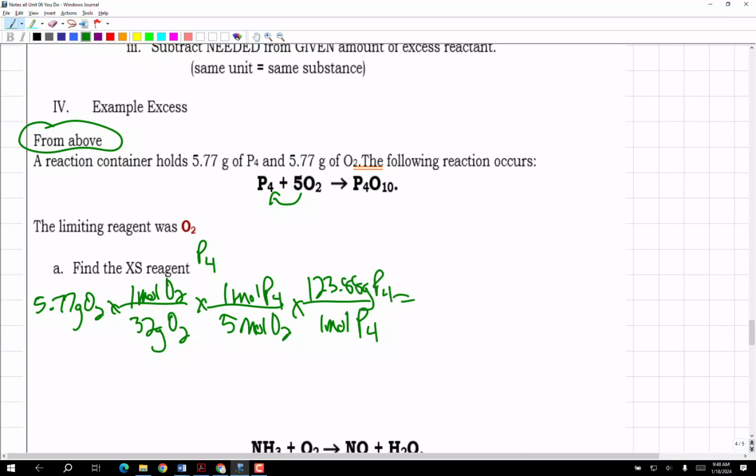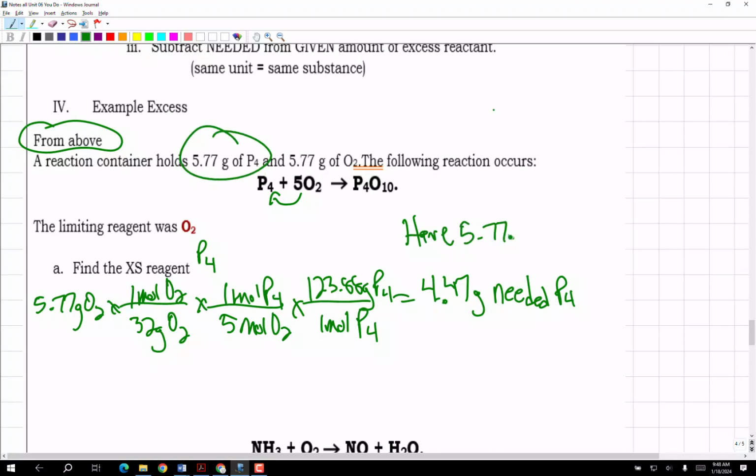So this will tell me how much I need. 5.77 divided by 32 divided by 5 times 123.88. And I need 4.47 grams needed of P4. But notice I have 5.77 grams.